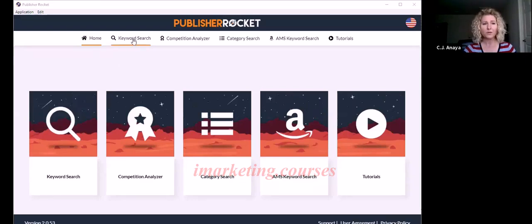So right here is your keyword research, where you can look for specific keywords for titles, subtitles, book descriptions. The competition analyzer is a place where you can see who is competing for that specific keyword or keyword phrase, which books are being pulled up, like the top 5 that are utilizing that and making quite a bit of money.